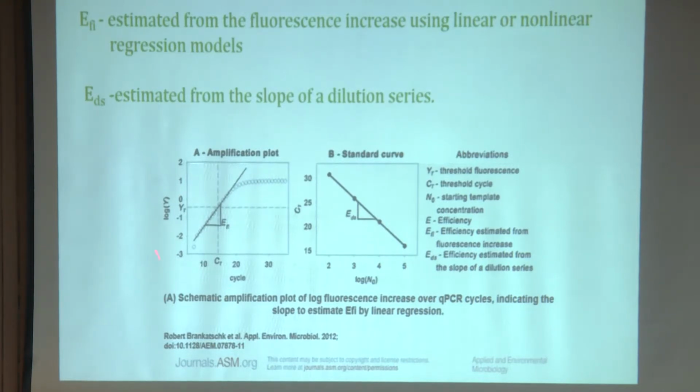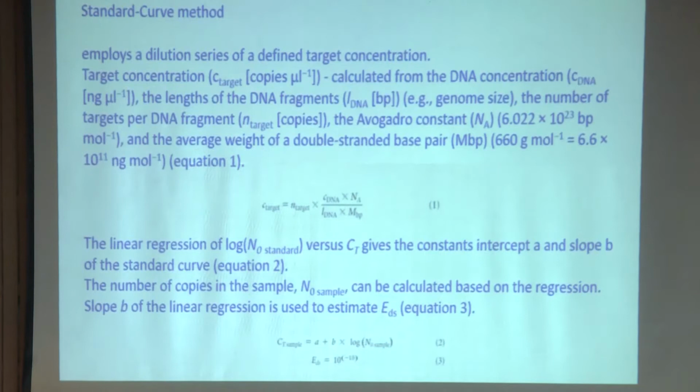If you put the threshold fluorescence on the logarithmic scale against the cycle, then you have a slope that could be used to quantify efficiency. And if you have a series of dilutions and you have the CT value and the log number, here also you will be able to find the efficiency. There are two ways to quantify the efficiency.